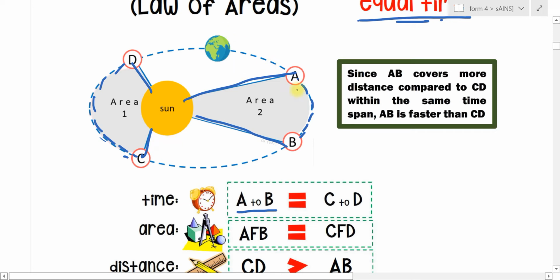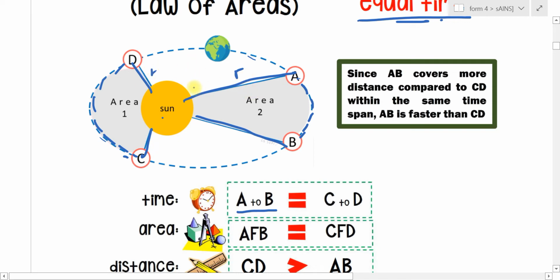So why do we assume AB and CD to be the same? Because kita assume bahawa this is the orbital radius. Betul. The sun, when your earth comes to this place A to B, here also radius, right?